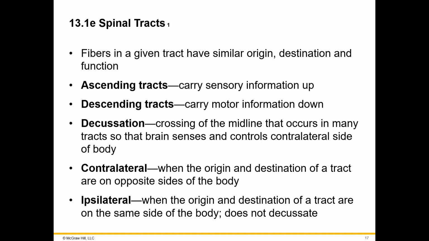From the name, it's very interesting. You have ascending tracks and descending tracks. Fibers in a given track have similar origin, destination, and function. These ascending tracks carry sensory information up. It's really important to know that the ascending tracks carry sensory, not motor, information up to the brain.